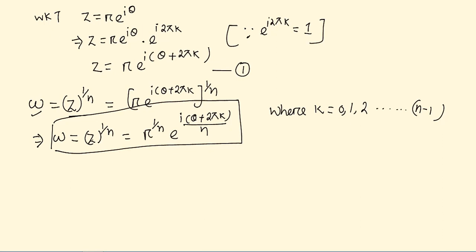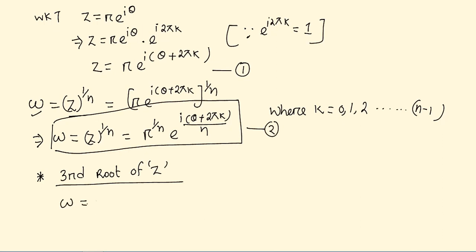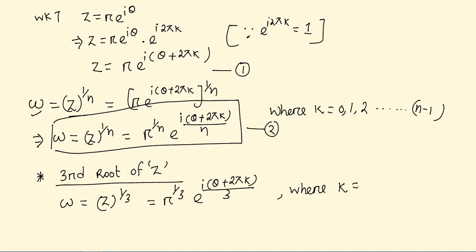Now if we want to find the third root of the complex number z, then we can write this formula as omega equal to z to the power 1 by 3 equal to r to the power 1 by 3 e to the power i theta plus 2 pi k divided by 3, where k equal to 0, 1, 2.